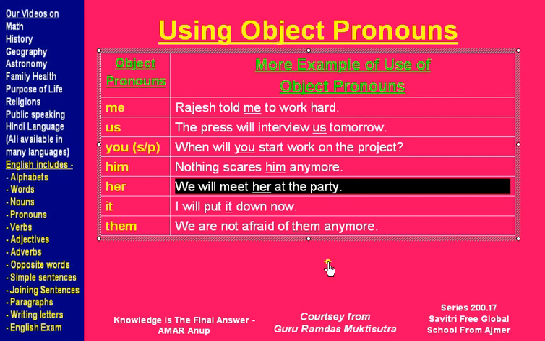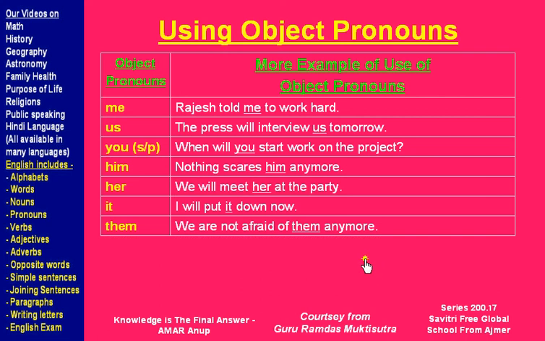So either way the sentence is correct. There are some places where we use the active form of the sentence like this one. Some places we use the passive form, which is that she will be met by us at the party. And to learn more about active and passive voice, listen to my presentation on active and passive voice. So I hope you understood the use of subject and object pronouns by these examples.